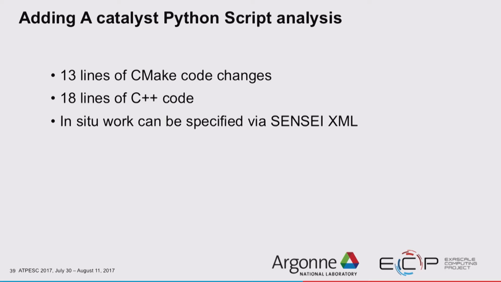In this particular example, 13 lines of CMake code changes in order to reconfigure, 18 lines of C++ code needed in your simulation, and whatever kind of analysis you're going to perform can be specified in an XML file.